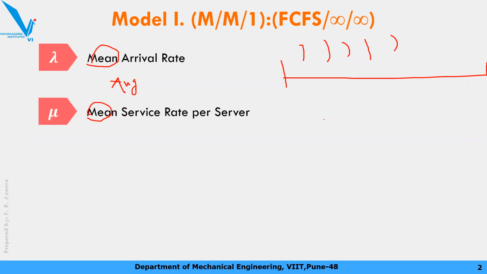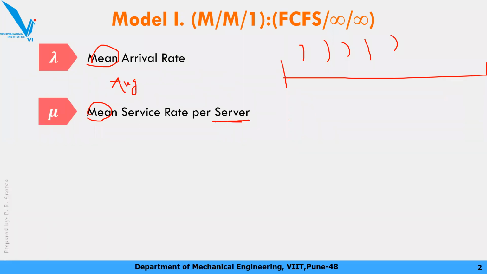Similar to that, we can calculate the average service rate. We put down a mean service rate, because some customers take more time to get service, some might get served quickly. So we calculate the average service rate, and this mu is the average service rate per server, on one server.